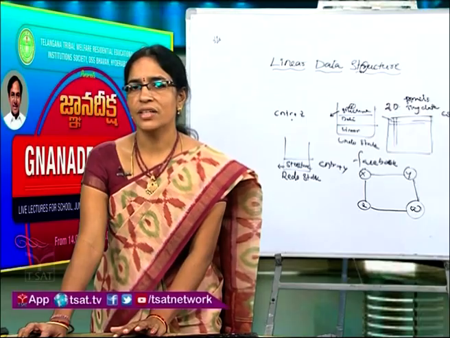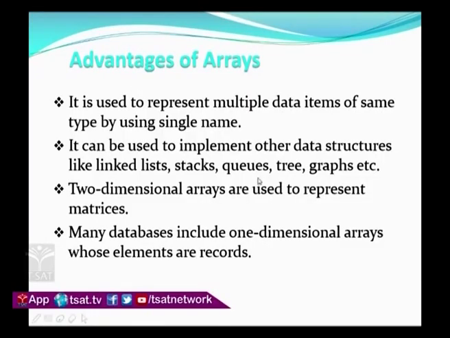This is one of the advantages. It can also be used to implement other data structures when the user requirement is based on time. In that case arrays are used, because retrieval is very fast. Linked lists, stacks, queues, trees, graphs: these data structures or ADTs are also implemented by using arrays.